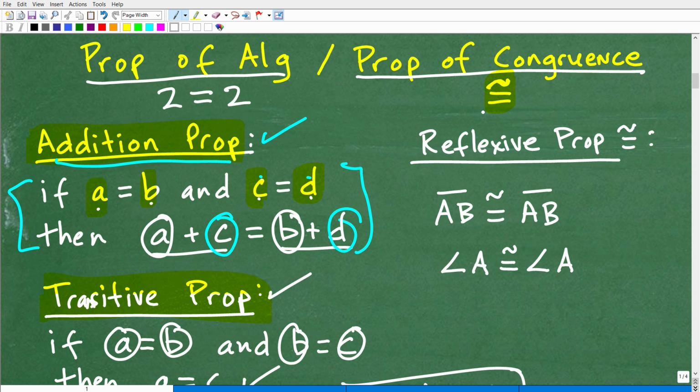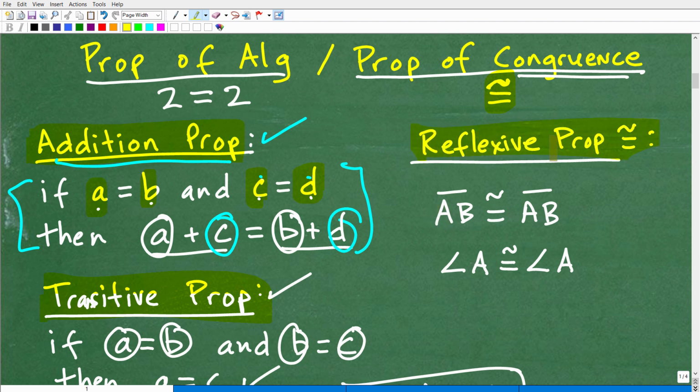We have a similar property, basically the same, but we call it the property of congruence. Congruence has to deal with the measurement of something that's given a measure. Let's take a look at an example.